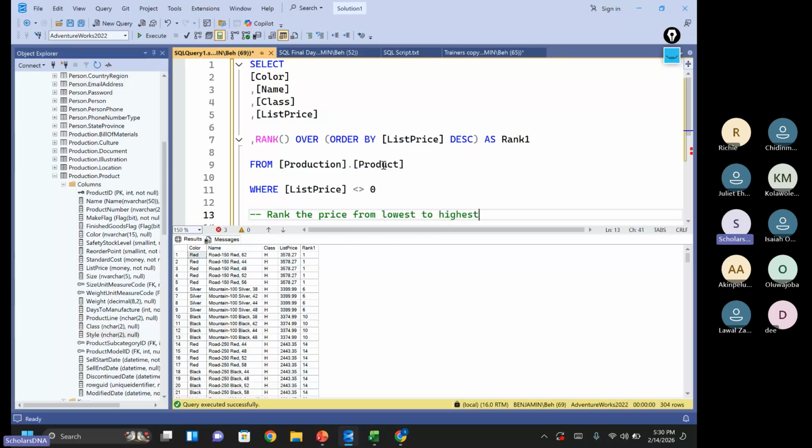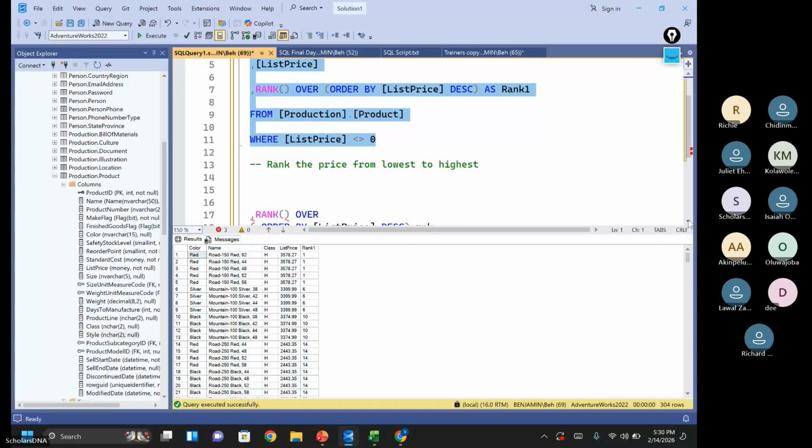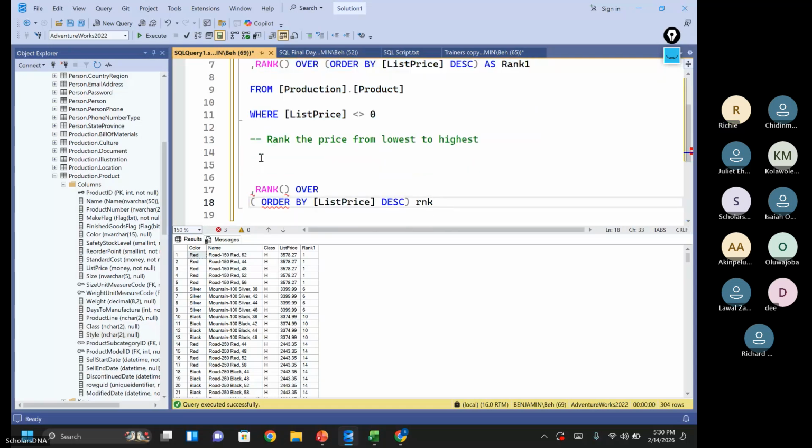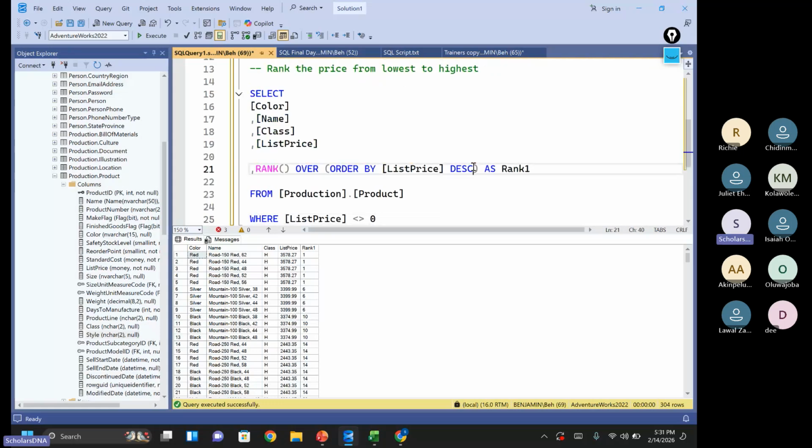It's so simple. The same records, but this time I'm saying rank over ascending, because the question is saying rank the price from lowest to highest. So now the lowest values, excluding the list prices that are 0, will be ranked from the lowest to the highest.